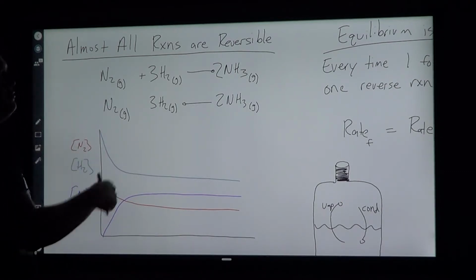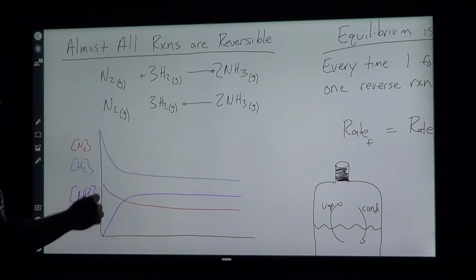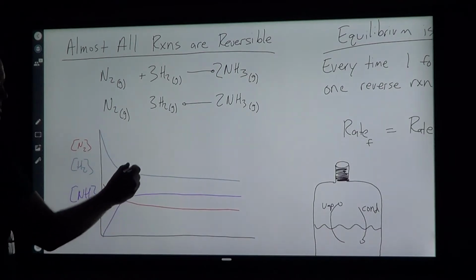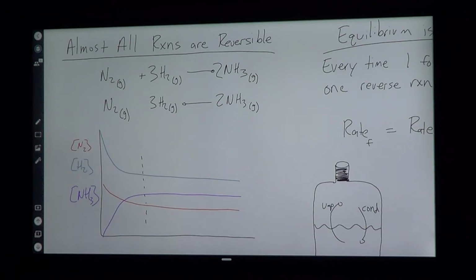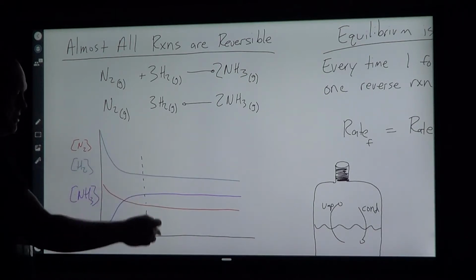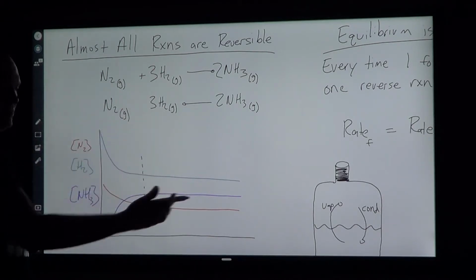And so if we were to run this equation and calculate the concentration of the three compounds in there, the reactants are going to go down, the product's going to go up, but they're going to reach a point where they stop changing. And notice how the reactants didn't go down to 0, and the product isn't the only thing left.